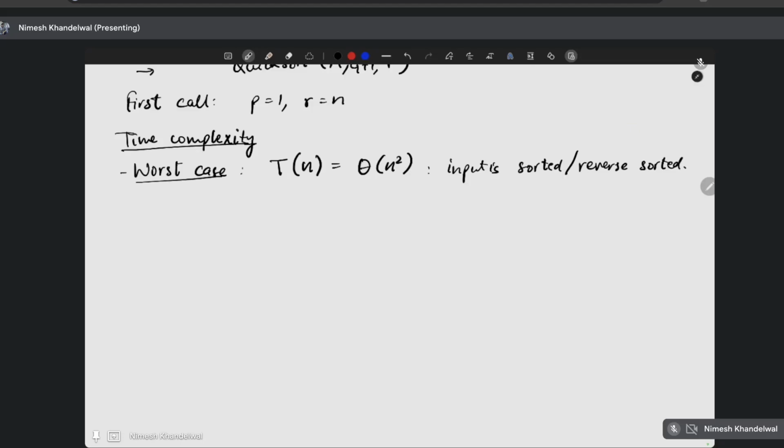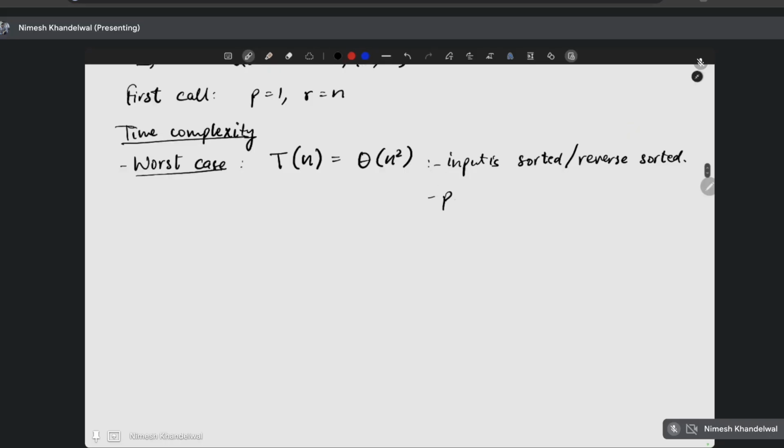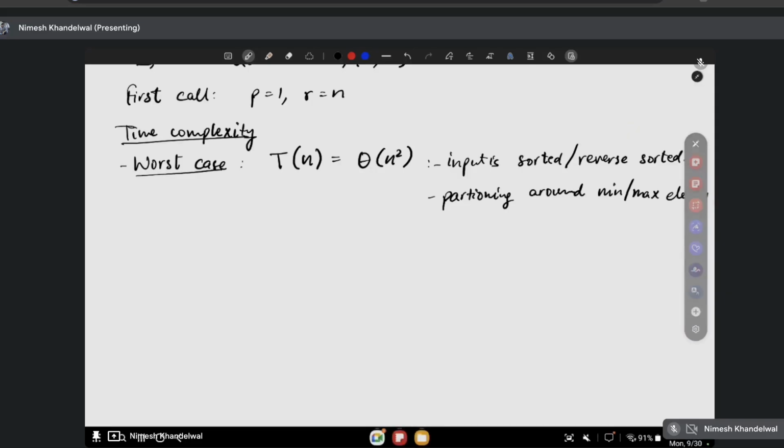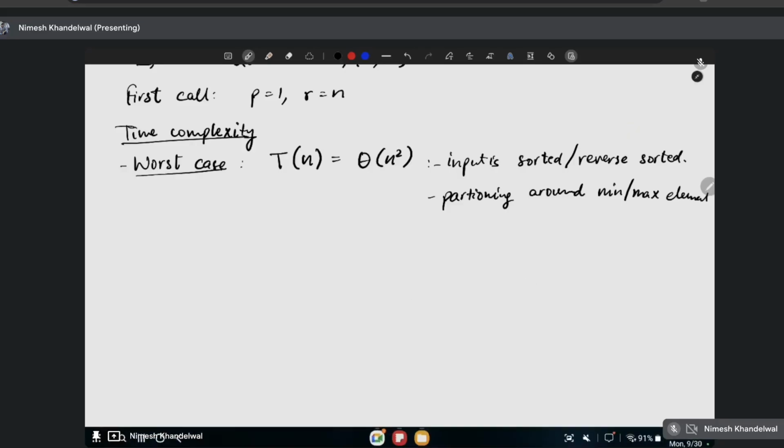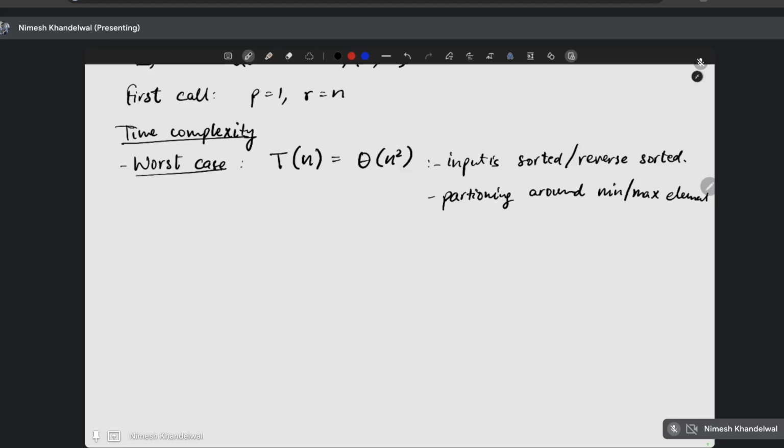Or we have partitioned around the minimum or maximum element, right?